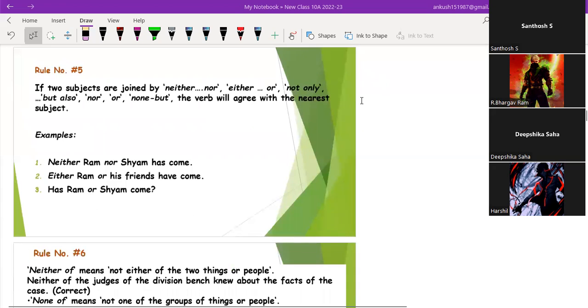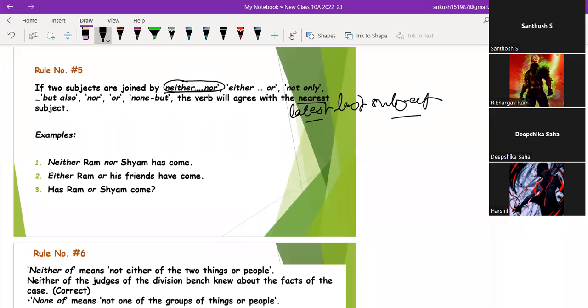Let us understand the fifth rule. Suppose the subjects are joined with words like neither, nor, either, or, not only, but also, nor, or, none, but. The verb will agree with the nearest subject. Nearest subject means the last subject; the verb agrees with the last subject.